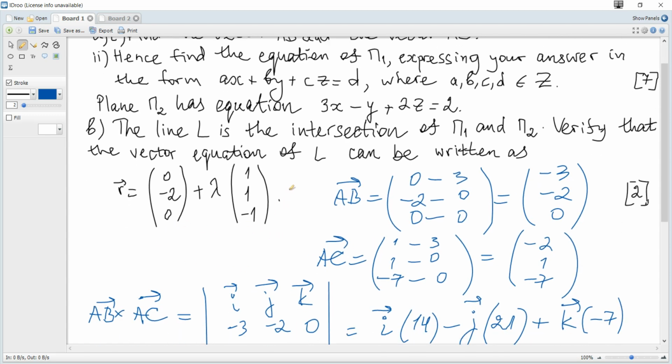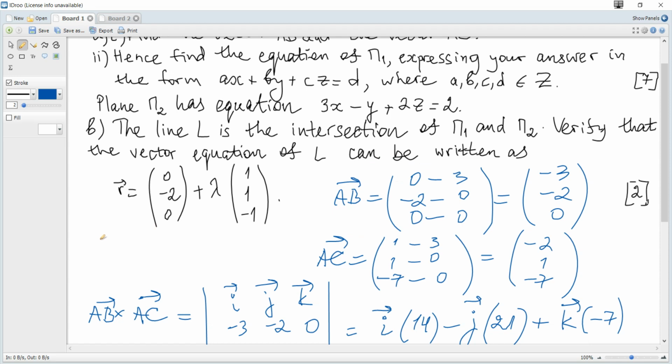Since the line L belongs to pi1 and also belongs to pi2, if we substitute the coordinates of any point on the line in the equation of a plane, it must be true.